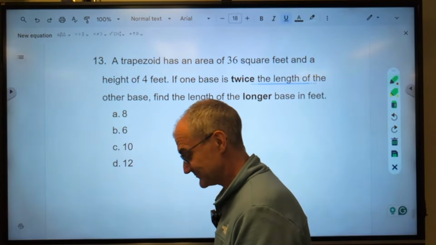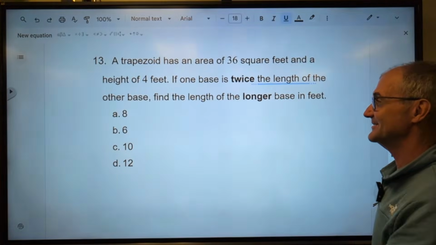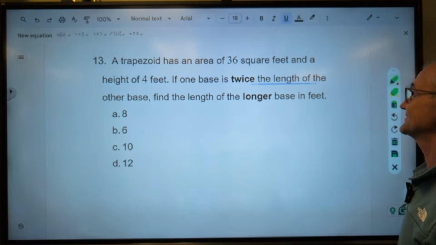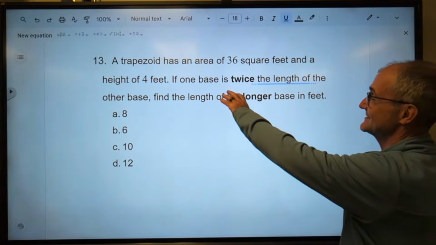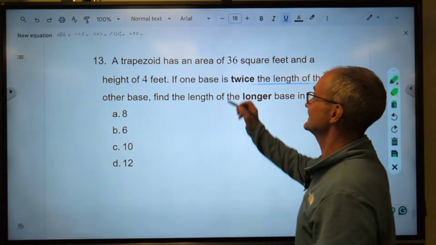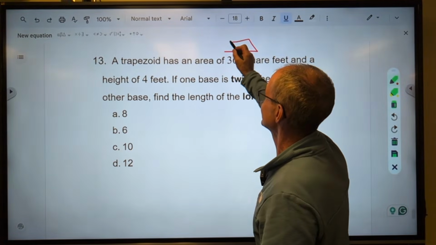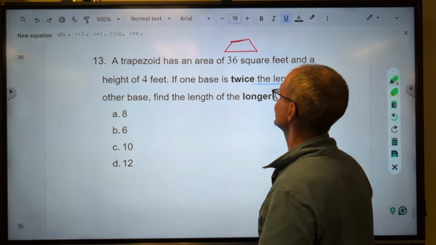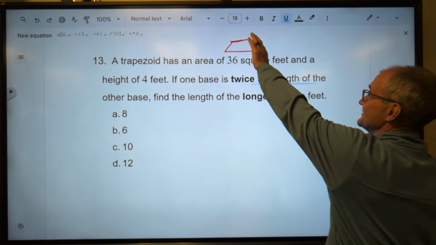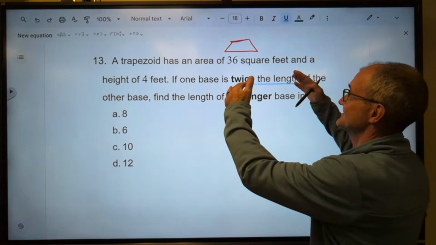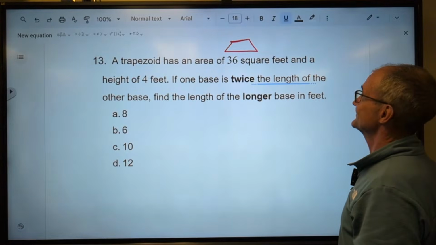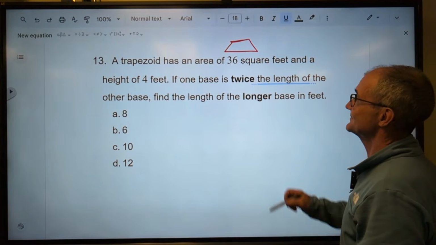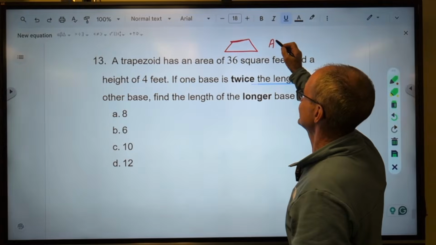So, all right. Hopefully you have that paper and pencil in front of you. You're doing this problem. Let's convert this sentence into a picture. A trapezoid looks like this. Whoops, not a very good trapezoid. So the top and bottom are parallel, the sides are not. The area of a trapezoid is, this is a tough one.